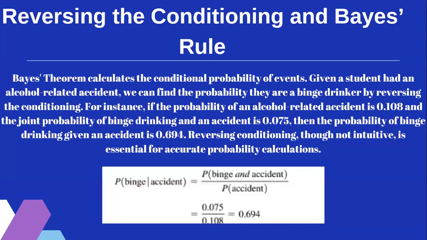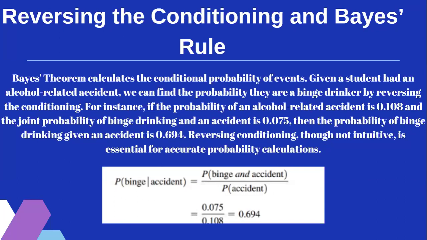Bayes' theorem calculates the conditional probability of events. Given a student had an alcohol-related accident, we can find the probability they are a binge drinker by reversing the conditioning.